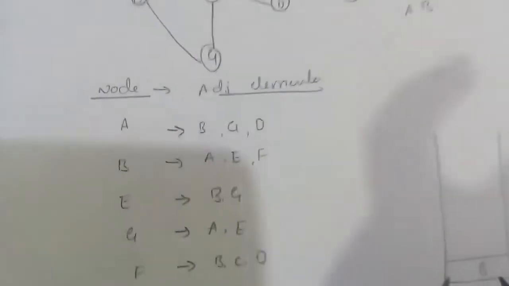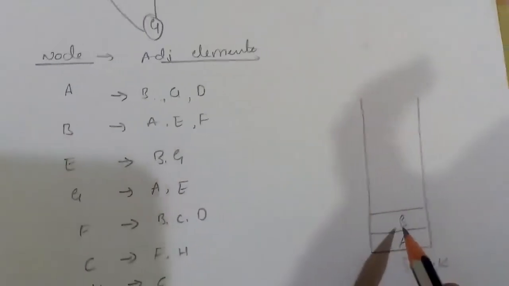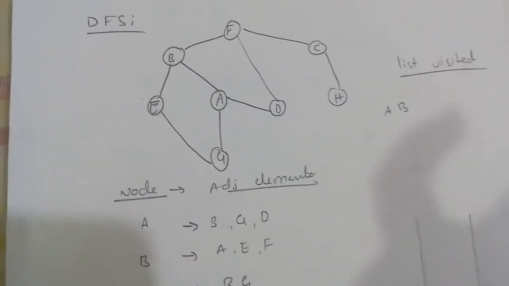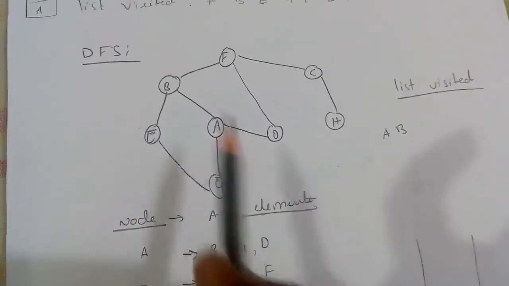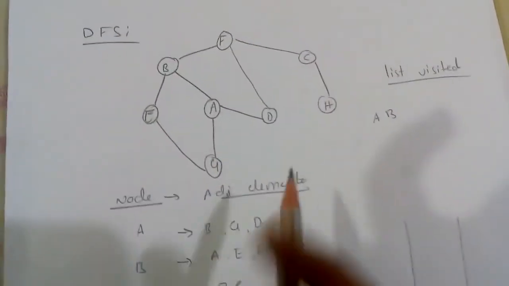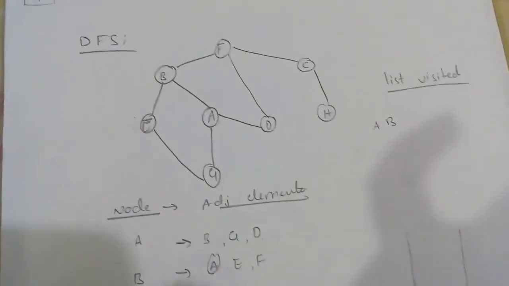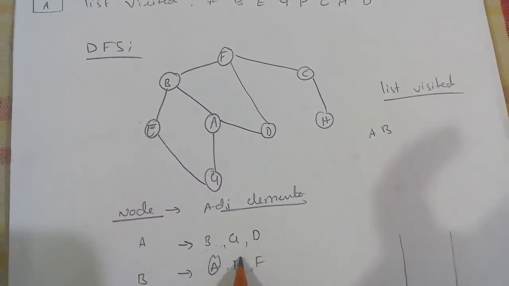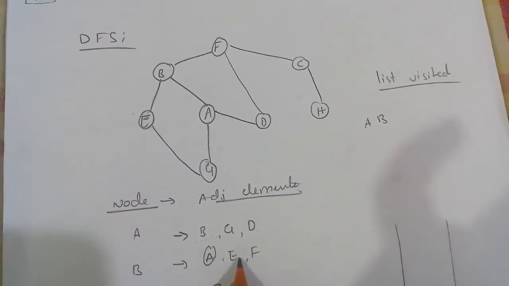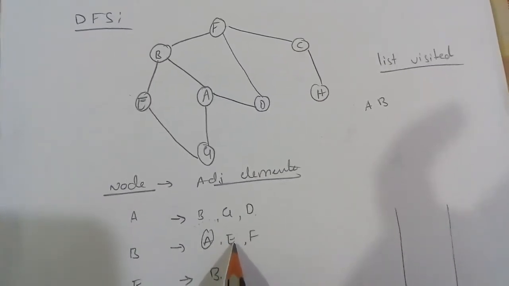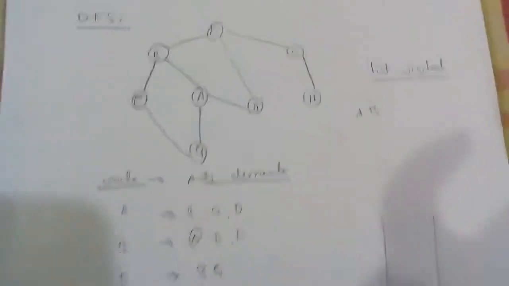Now the top of the stack is B. The adjacent elements of B are A, E, F. A is already visited. The one that is alphabetically closer to B is E. So E is now pushed onto the stack and also added to the list as visited.